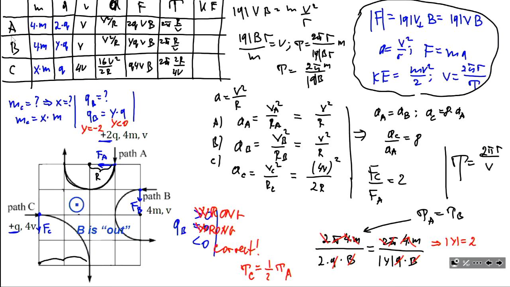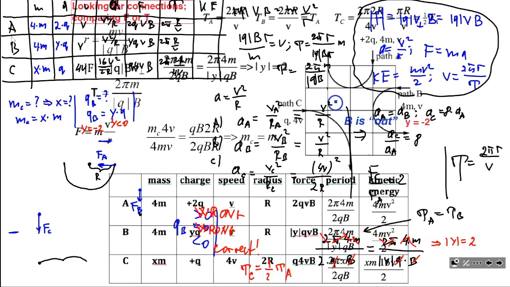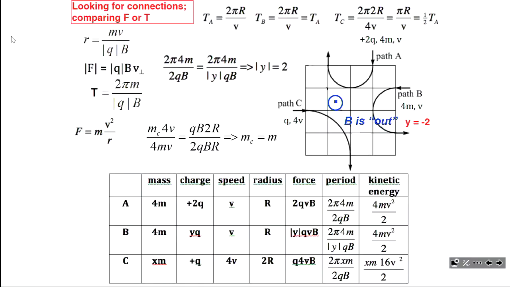And the answer will be x equals, where is it? It should be 1. Yes, right here. After we plug it in, everything gets canceled. So the factor x equals 1.